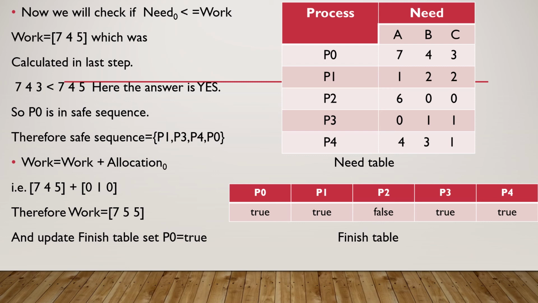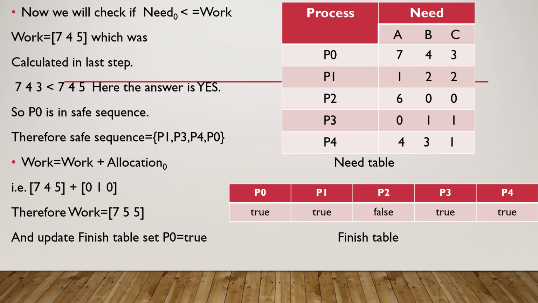So need 0, 743, is less than 745. The answer is yes. So we will take that process in the safe sequence and add P0 to the safe sequence. So our safe sequence will become P1, P3, P4 and P0.